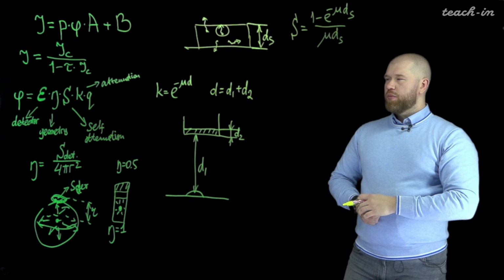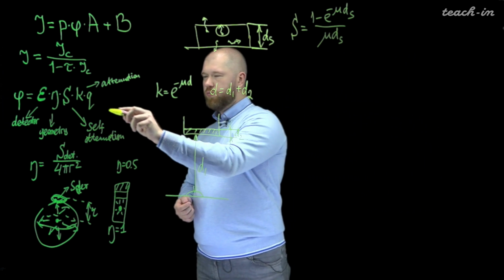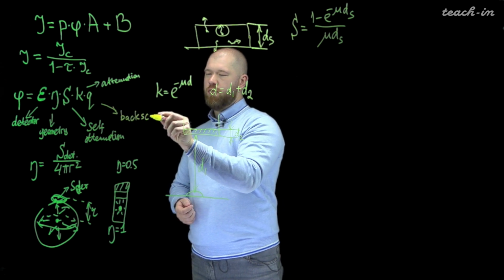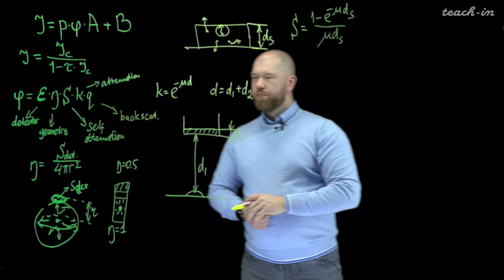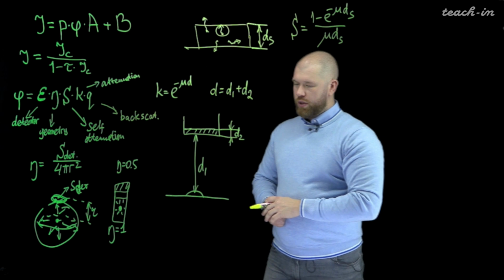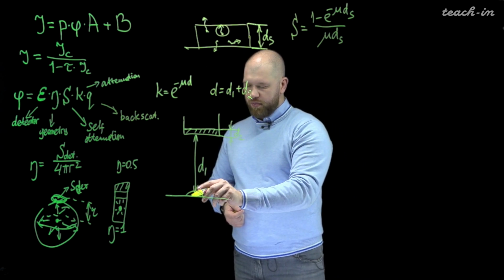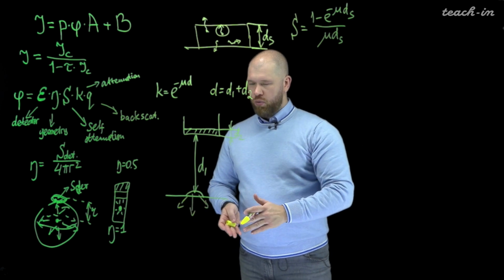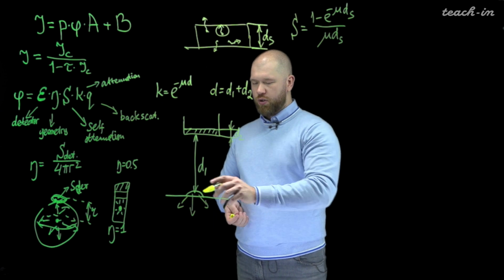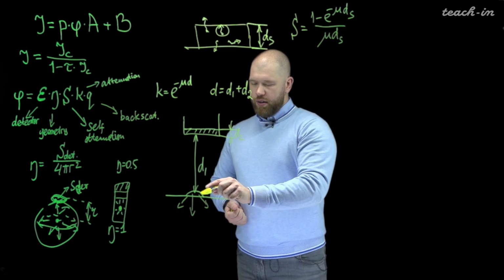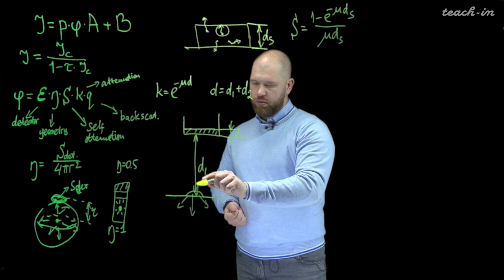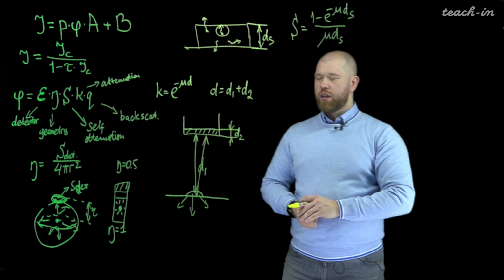Okay. And the last coefficient is the backscattering coefficient. What does it mean? It means that part of the radiation which should go in another direction, not to the detector, this radiation can be backscattered from the surface of the background and will go to the detector.